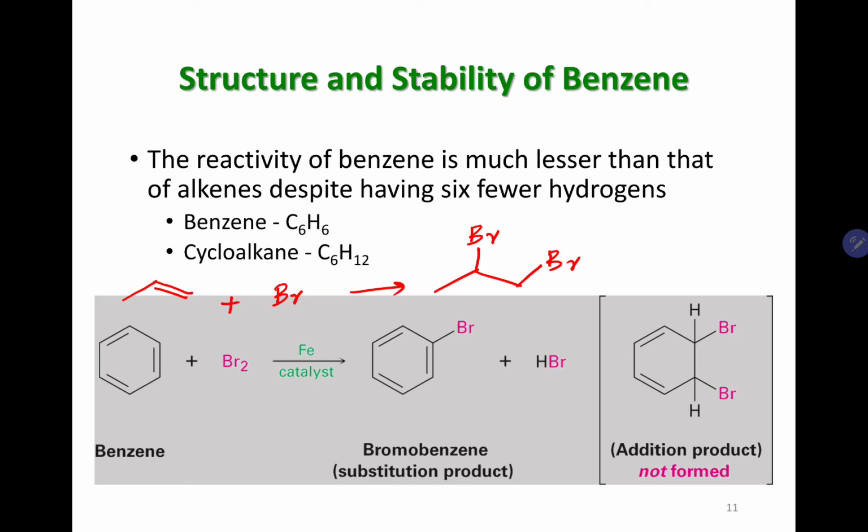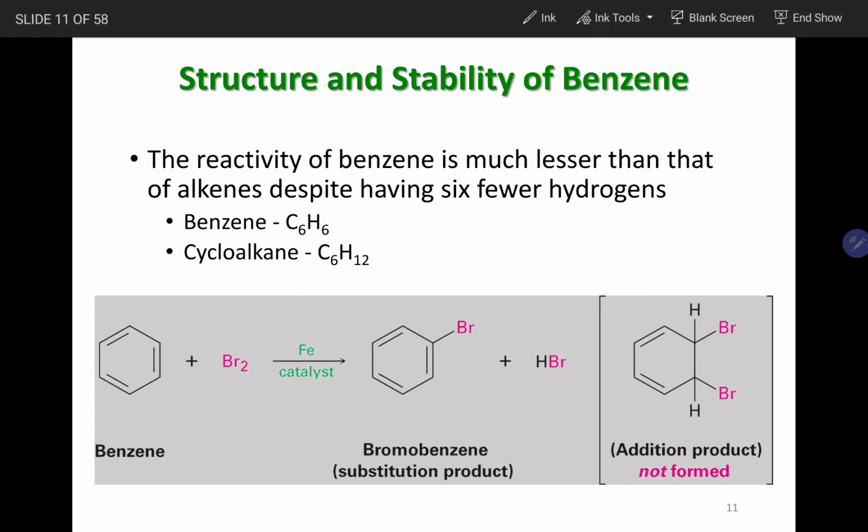So even though benzene looks like a cyclic alkene with 3 double bonds, the reactivity is nowhere close to traditional alkenes. The reactivity is actually much less. If you want to react bromine with benzene, you have to add a catalyst like iron. For alkenes we didn't use any catalyst.